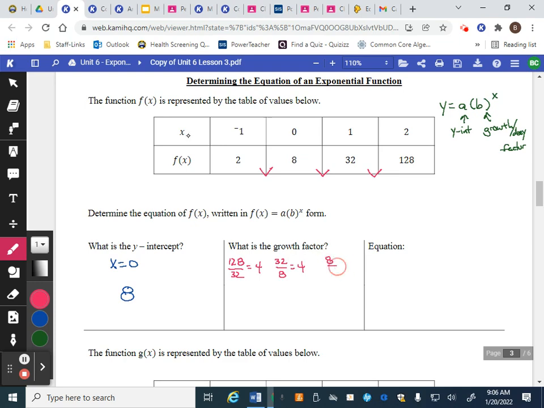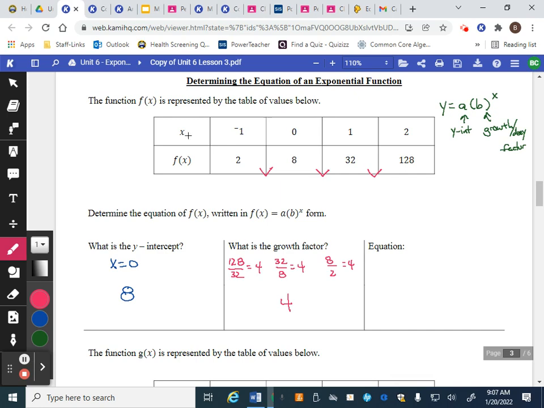If we divide 8 by 2, we get 4. So I'm kind of working from right to left, backwards division to see what I have to multiply by, because division and multiplication are inverses. So this shows us that the growth factor is 4.